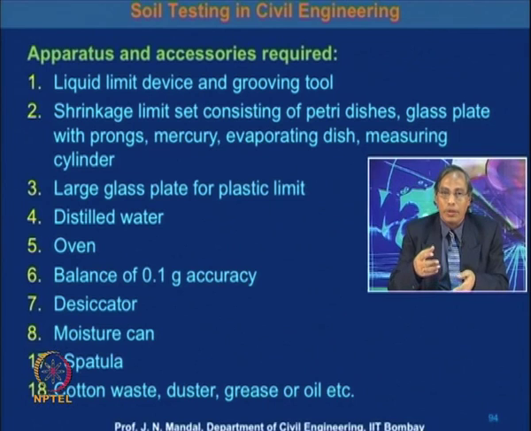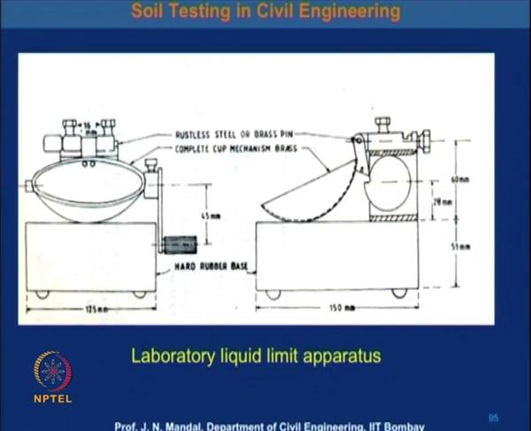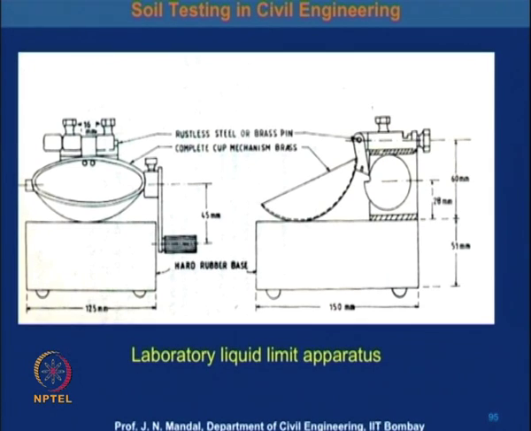You require a large glass plate for the plastic limit test, distilled water, an oven, a balance of 0.1 gram accuracy, a desiccator, moisture cans, spatula, cotton waste, duster, and grease or oil, etc. These are the accessories and apparatus necessary for the determination of the Atterberg limits.